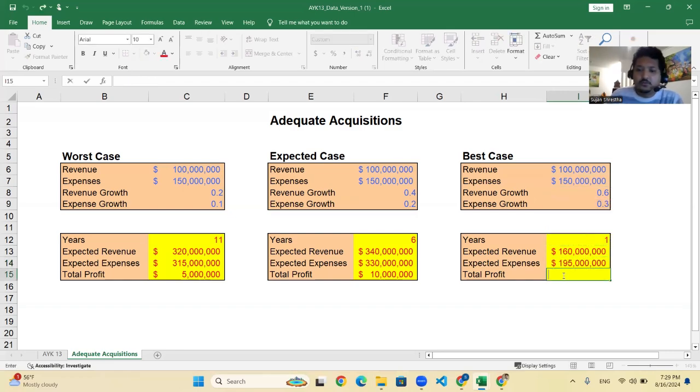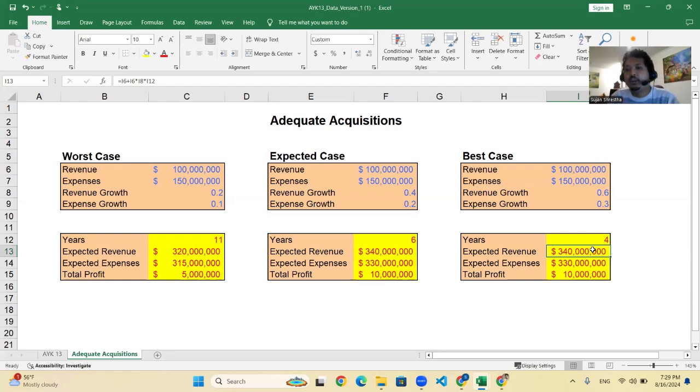Okay. For the profit, we subtract expense from the revenue. So for this best case scenario, for 1 year we are still in negative profit. If you keep 2 years, still negative. 3 years is still negative. Let's try 4 years, positive.